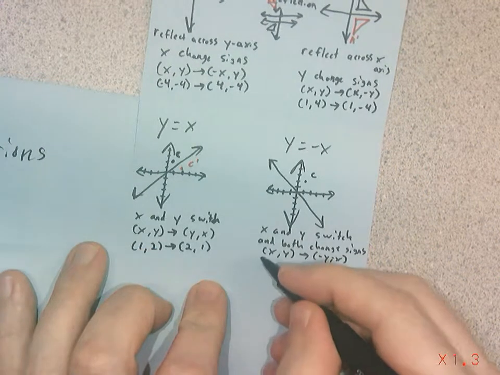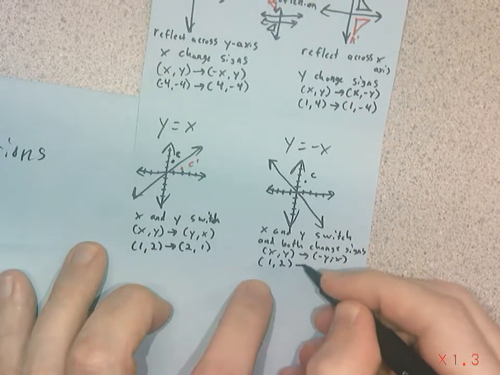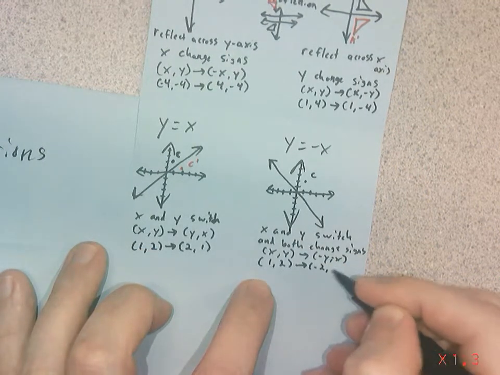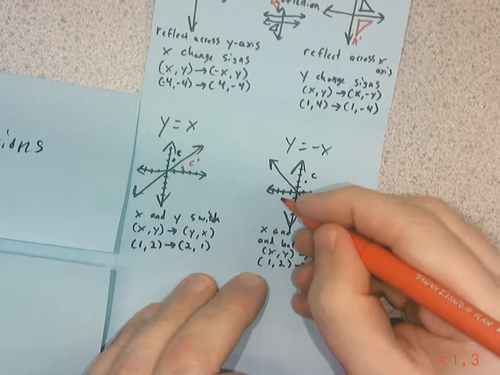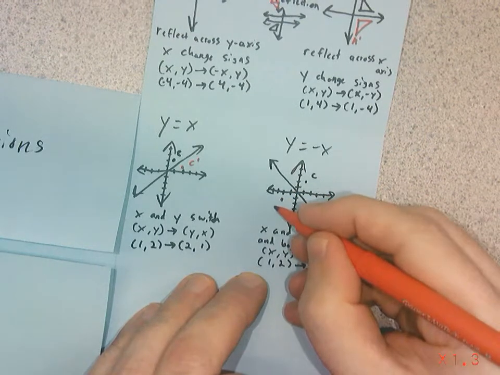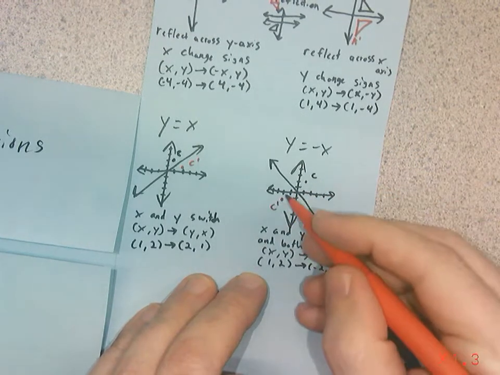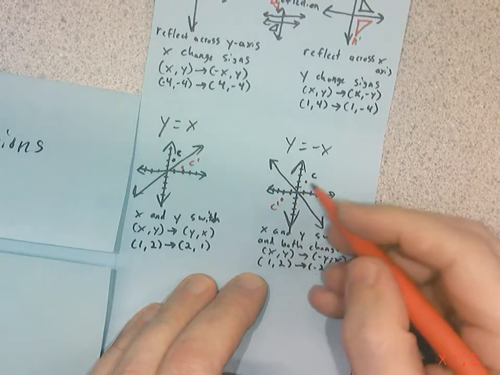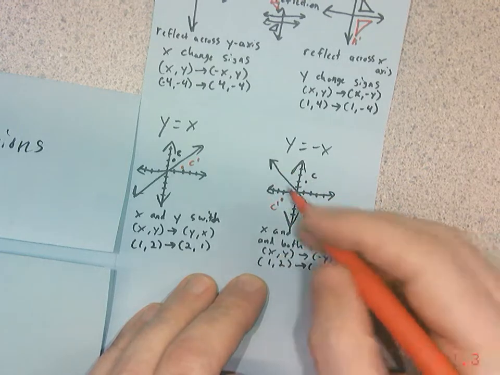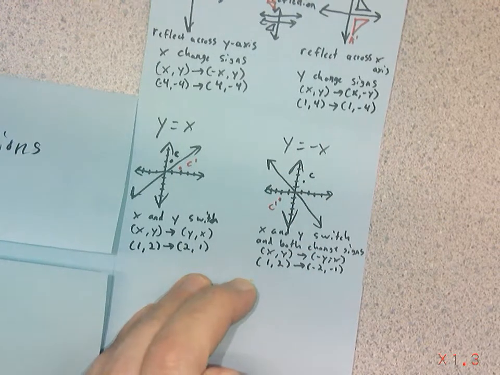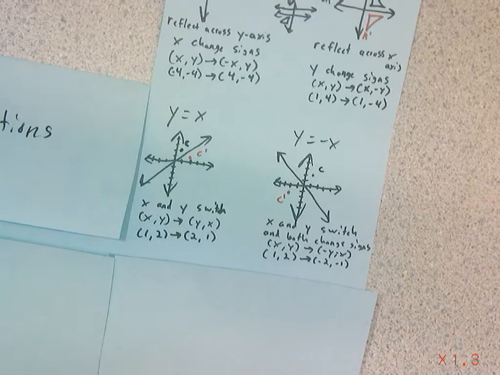So for 1, 2, that would become -2, -1. So if I plot that out, -2, -1, that would be my new C right there, C prime. And again, you look at it, it's about the same distance away from the diagonal line. If I had drawn like a more perfect graph, it would be the exact distance away. But you know how I am.